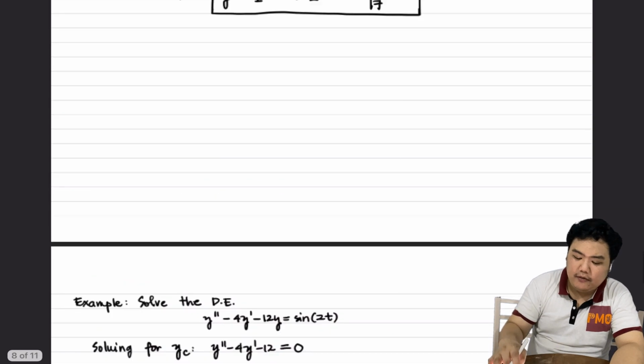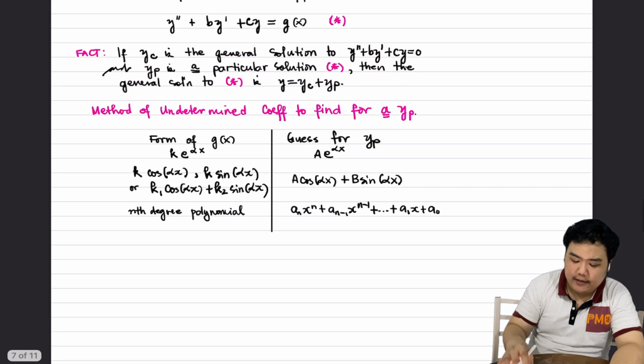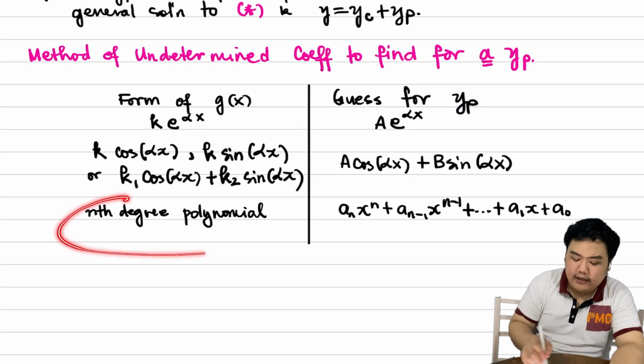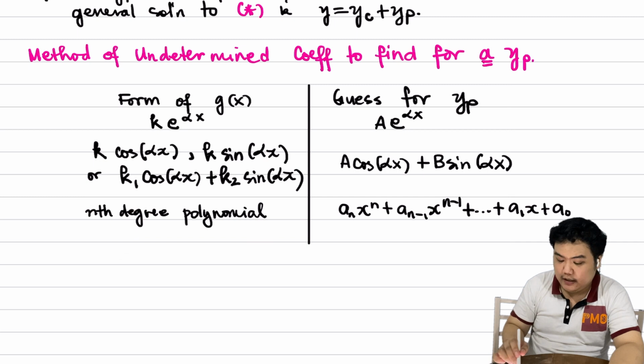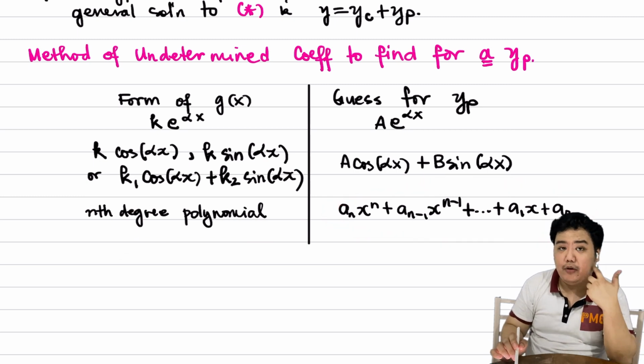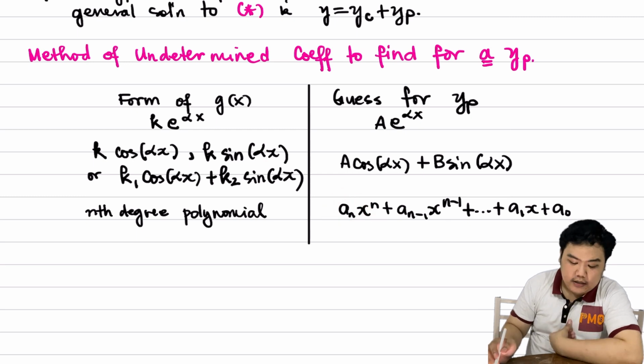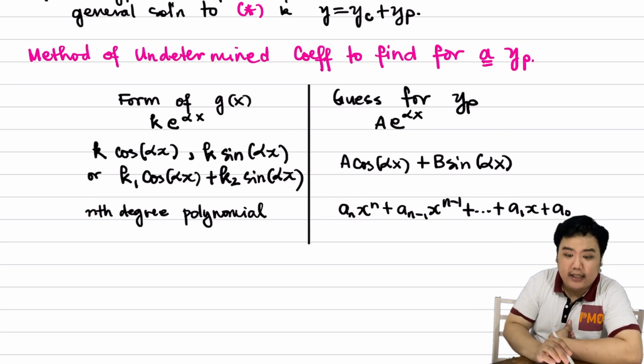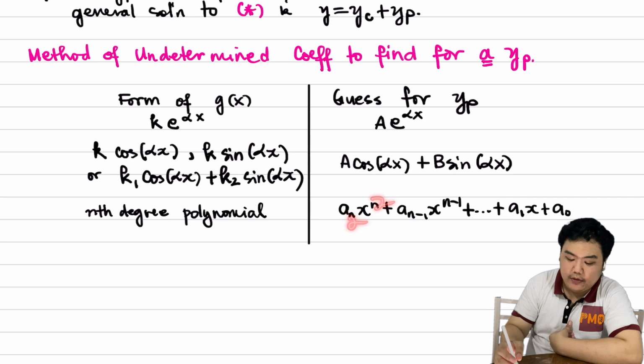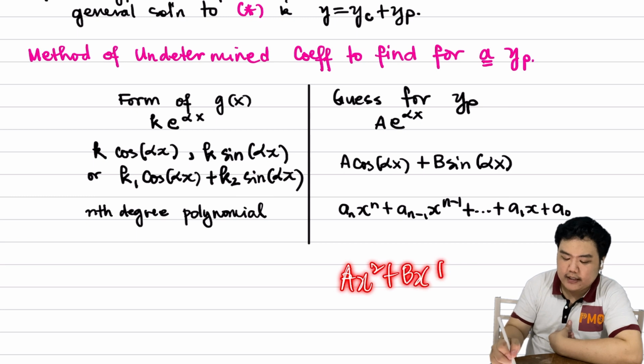Anong sabi dun sa mga forms natin? Balikan nga natin. Kung meron kang nth degree polynomial, ganito yung magiging form ng y sub p mo. Nth degree polynomial lang din, where the a sub n's are constant. So, kung second degree polynomial ka, just replace n by 2. Ang itsura lang nun, ax square plus bx plus c, where a, b, c are just some constants.